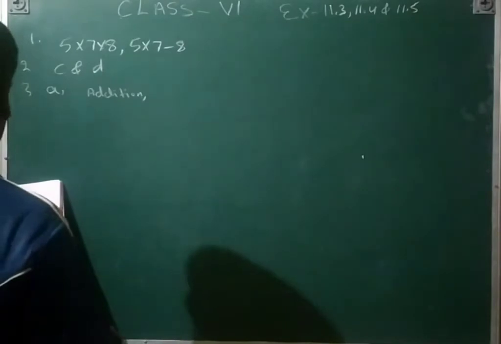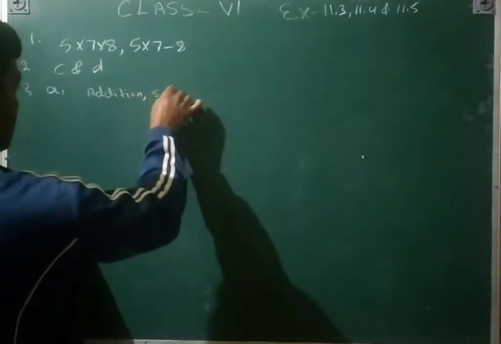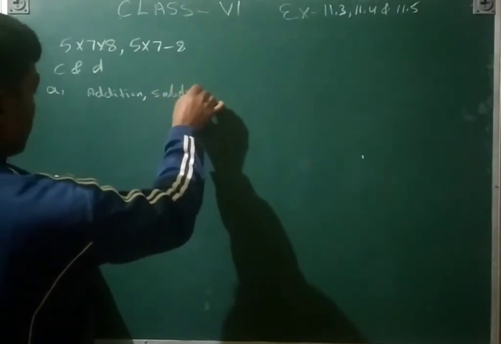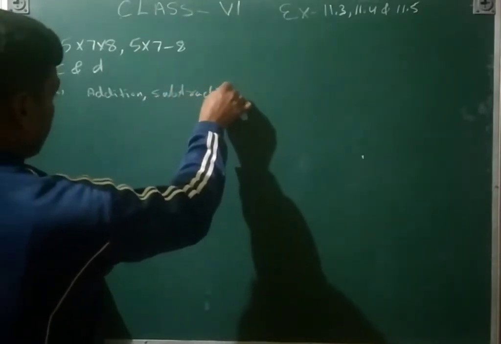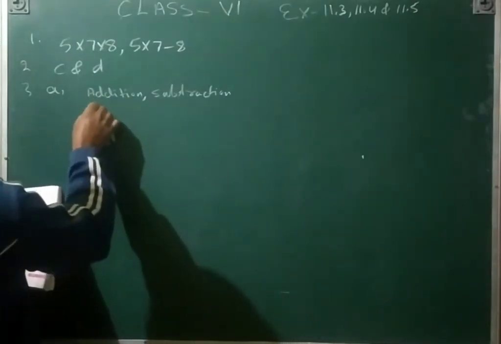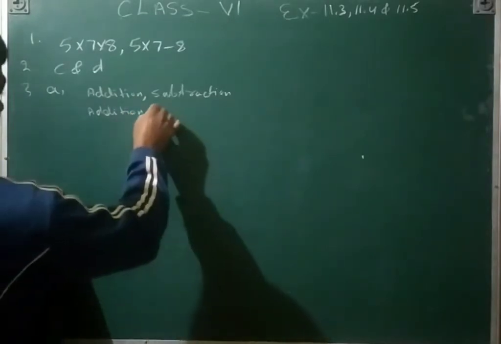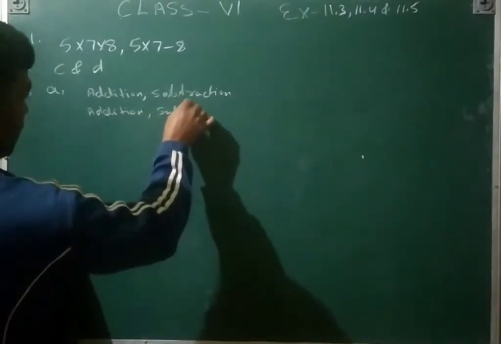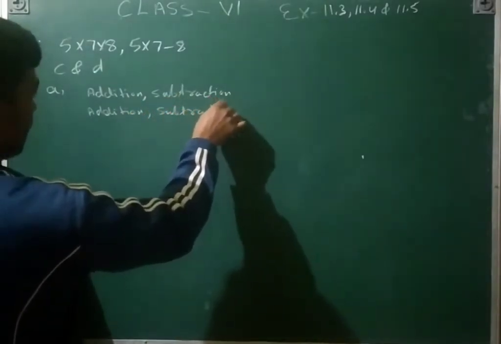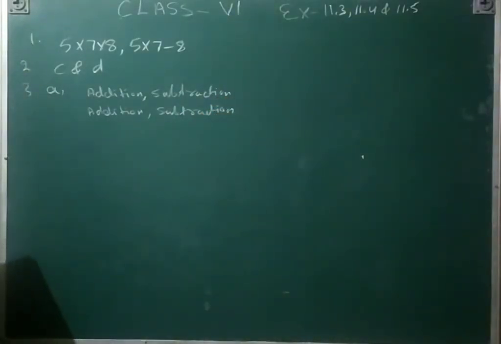In the second part, subtraction is given, and then addition is given, and then subtraction is given. It means where you are looking at plus, you will write addition. Where you are looking at minus, you will write subtraction.